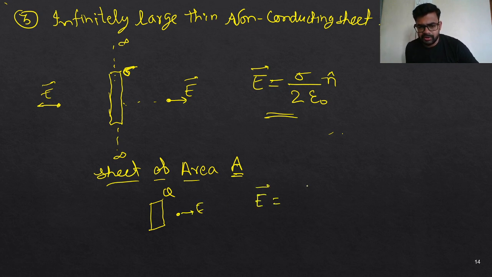Sigma can be written as charge divided by area, so Q by A. 2 epsilon naught is already there. So Q upon 2 epsilon naught n cap.